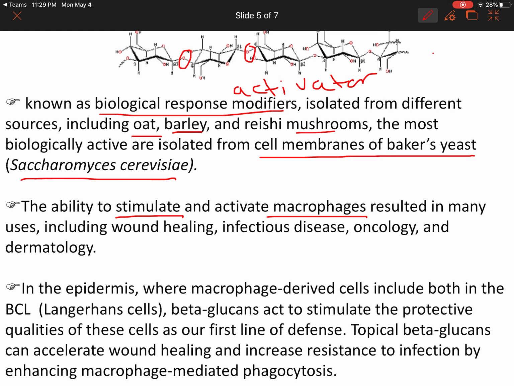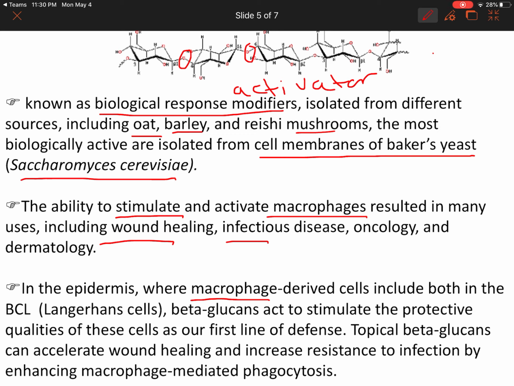First, this beta glucan was found to be used for wound healing or for treatments of any infectious diseases in dermatology because of their stimulatory activity for macrophages. You remember in the epidermis we said that macrophage is found where?